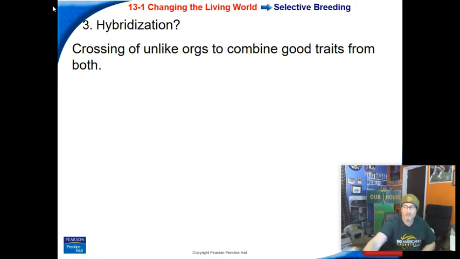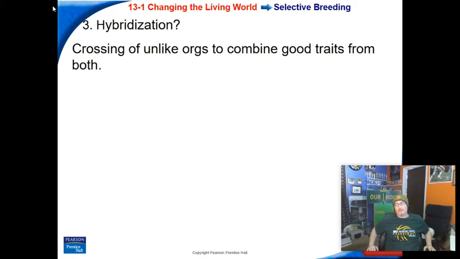All right, term hybridization. Remember, when we were talking about genetic crosses, hybrids had parents with different characteristics. So it's crossing unlike organisms to combine good traits from both. I ride a hybrid bicycle.